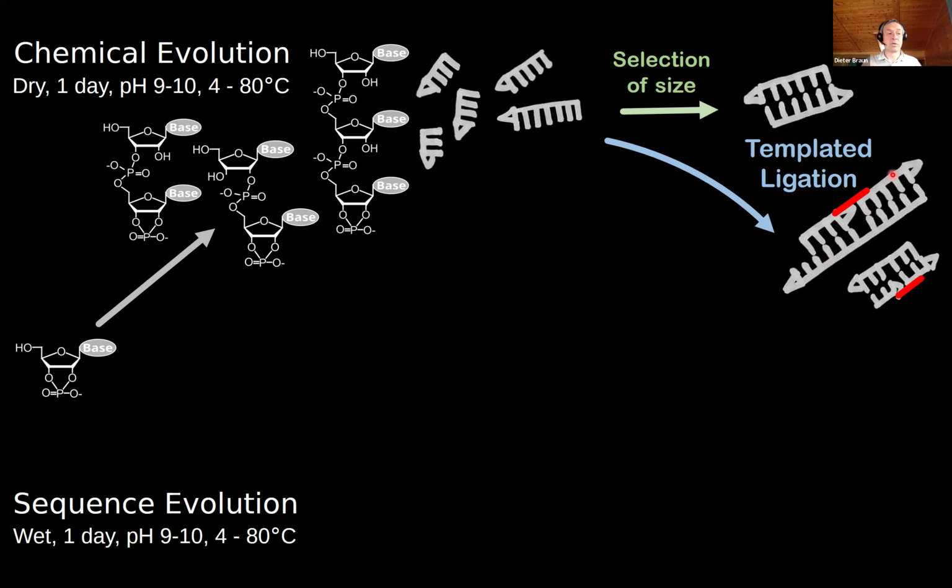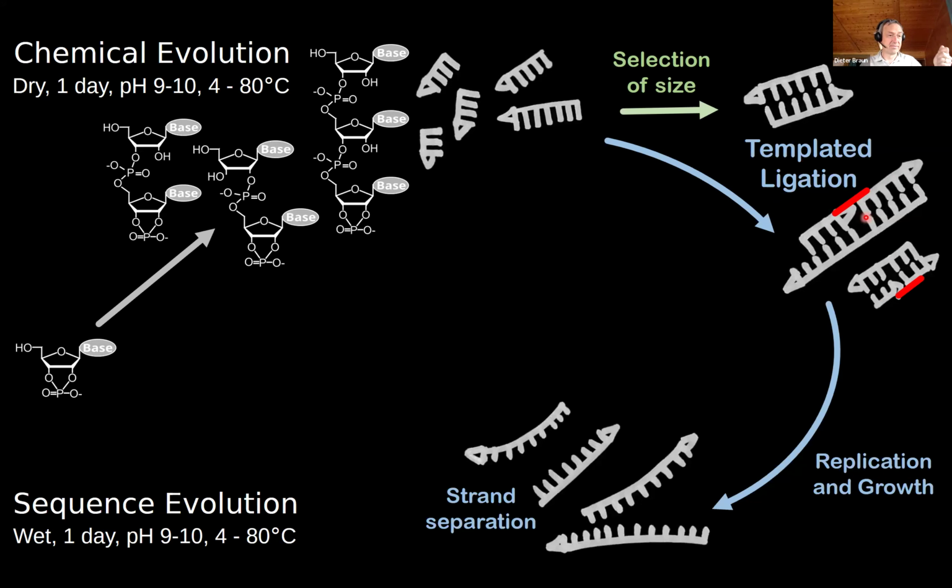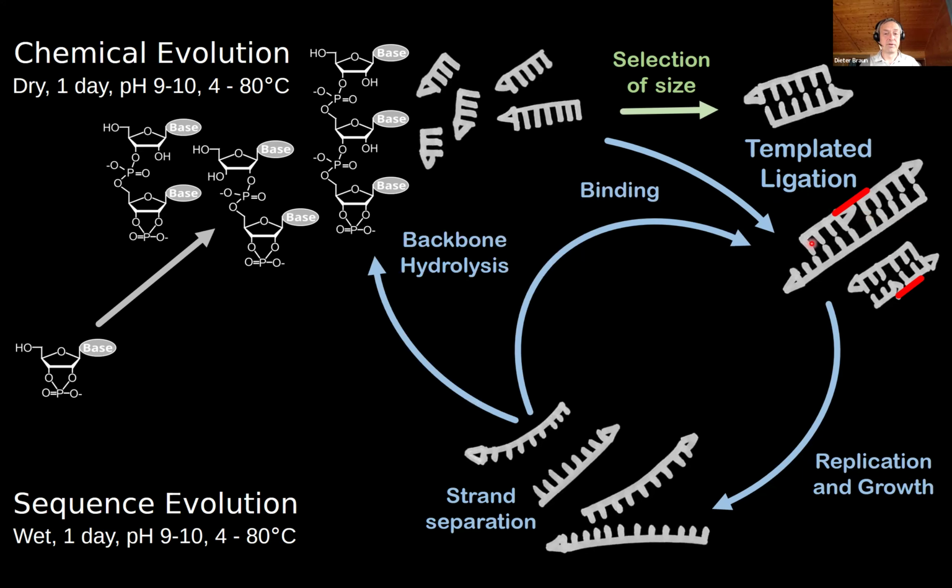So this is what's termed a ligation chain reaction. So you ligate these things together. And of course, then the idea is that you would separate the strands and redo the binding, separation, binding, and therefore would make an exponential replication.